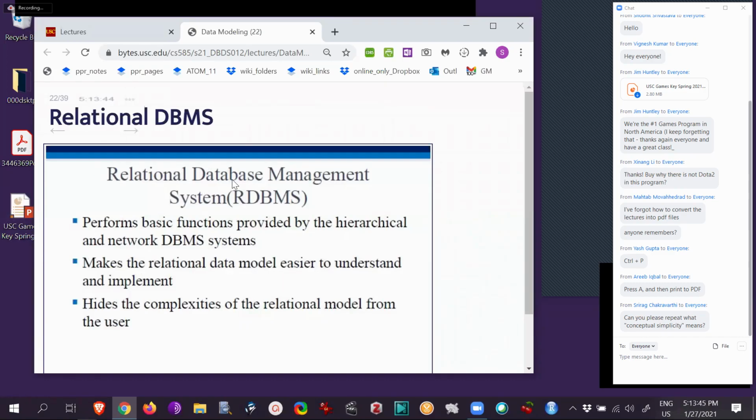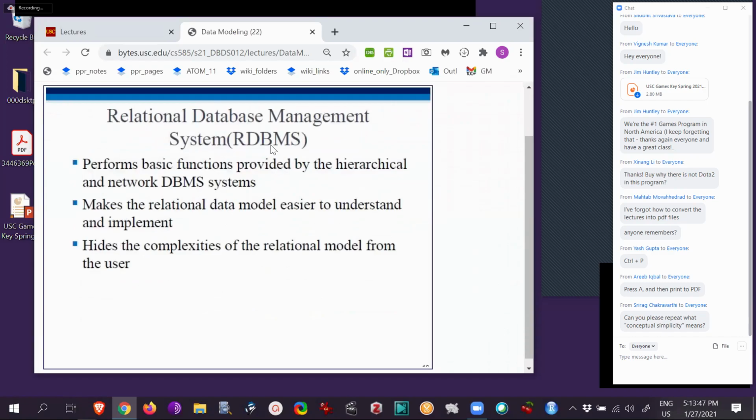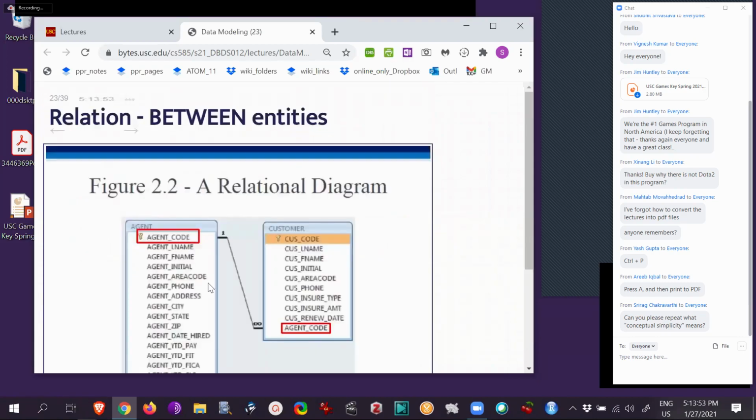So tables are pretty common. The DBMS is simply a collection of processes that manage this whole table stuff. I think I told you this. It's ultimately some processes that stand between you and the data. Conceptual simplicity just means easy to understand. It's almost like a class definition. When I show you a class hierarchy of some image processing software like Photoshop, you can spend half an hour looking at all the classes.